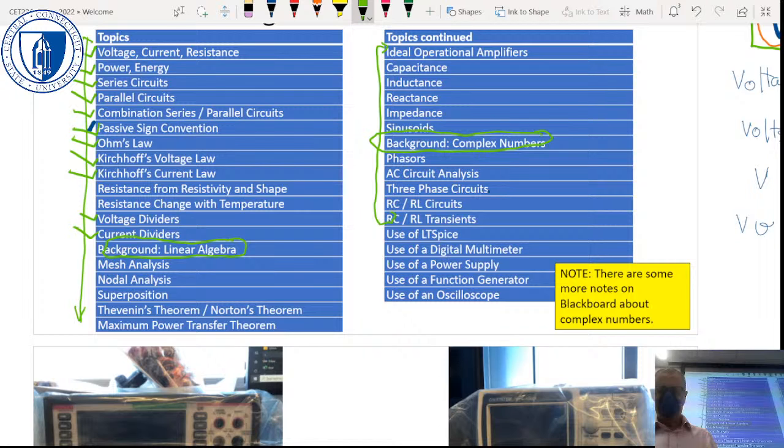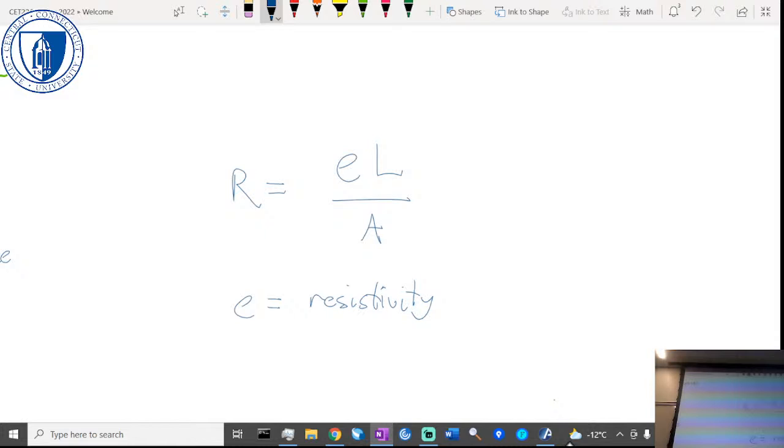One of the things I look for in an oral exam is that you use the words we use in the class correctly. So be careful with the difference between resistance and resistivity. Right?